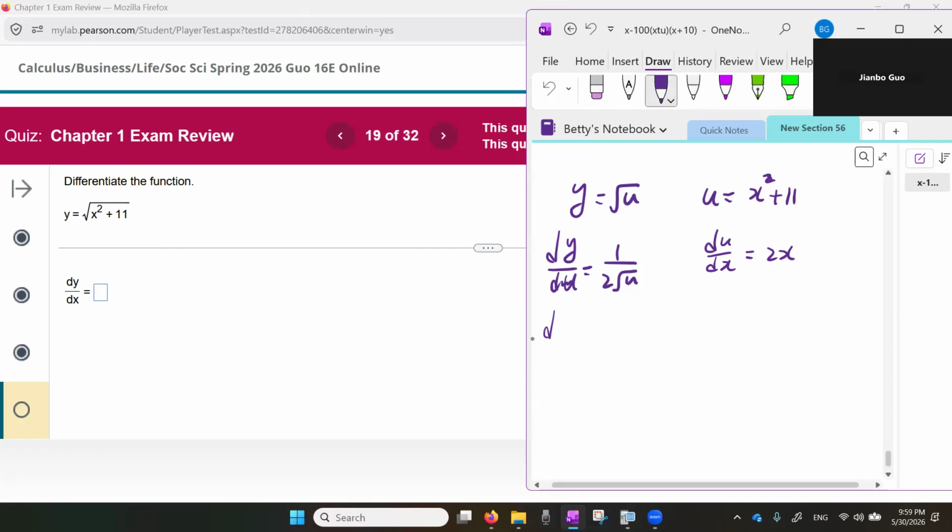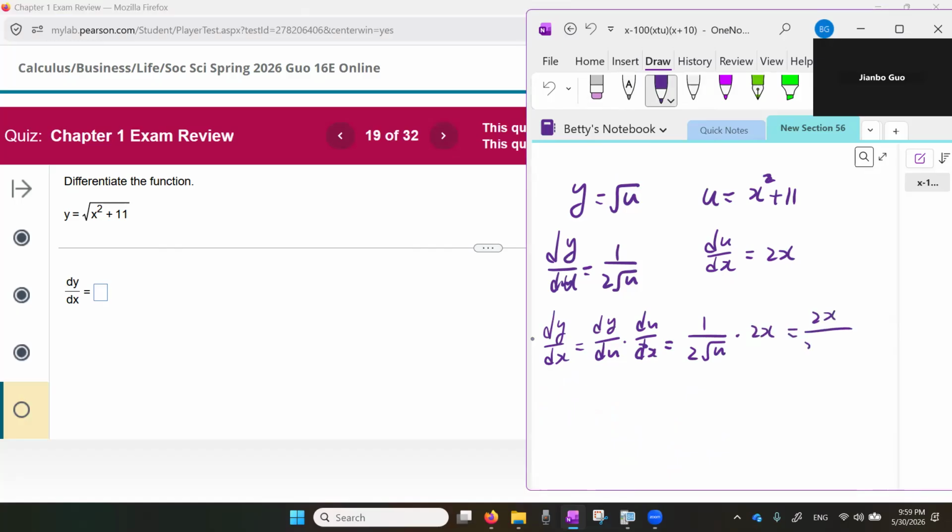By the chain rule, dy/dx equals dy/du times du/dx. 2x over 2 root u, the 2 cancelled. So x over root u. u is x squared plus 11.